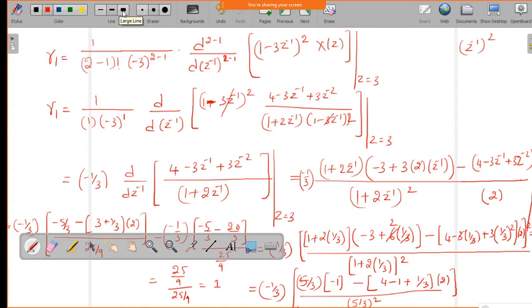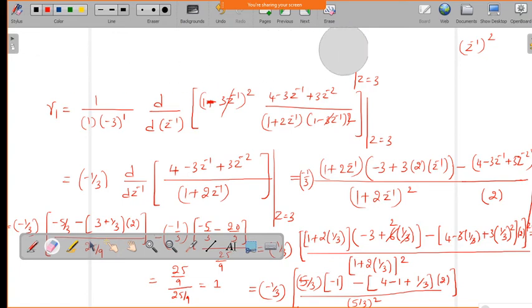So similarly you can write gamma 2. How can we write it?